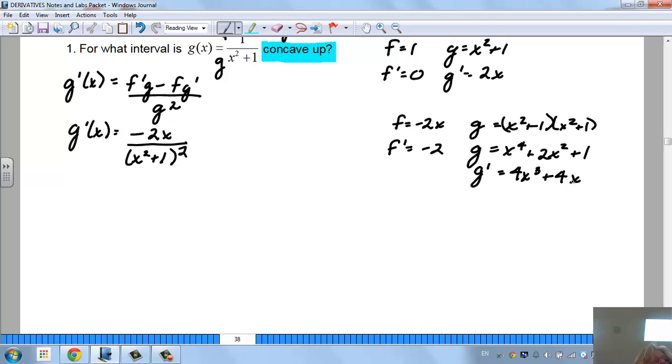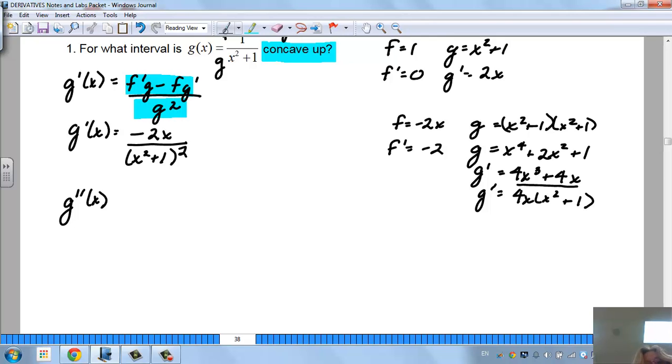Okay? Now, I am actually going to factor this to see if this will help a little bit. So let's take out a 4x here. So I have x squared plus 1. So let's see if that helps. You could use this right here, but I want to see, because I see this x squared plus 1 over here, I'm wondering if maybe something will cancel. So now I got g double prime of x. It's going to be the same. It's going to be f prime g minus f g prime over g squared.